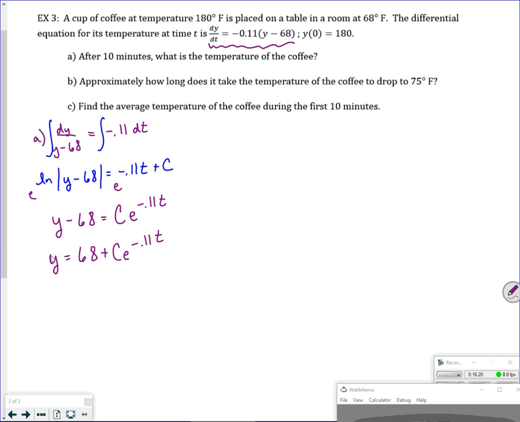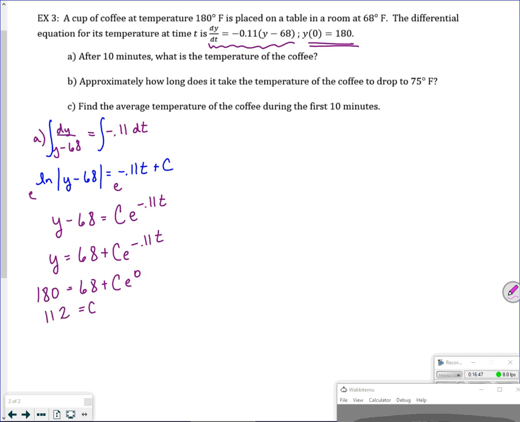It told me, of course, that the coffee at time 0 was 180 degrees, so I can plug in 0 for t, and I better get out 180. And so what would C be? Well, that's going to be whatever 180 minus 68 is. So that is 112.